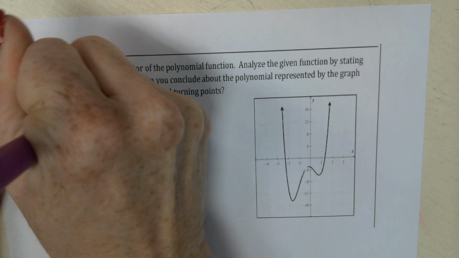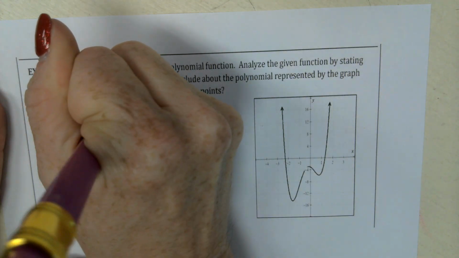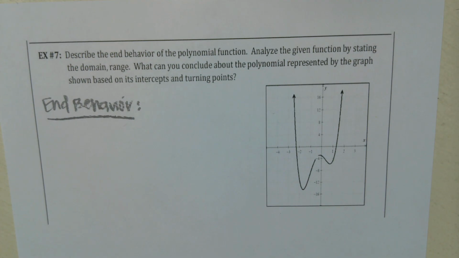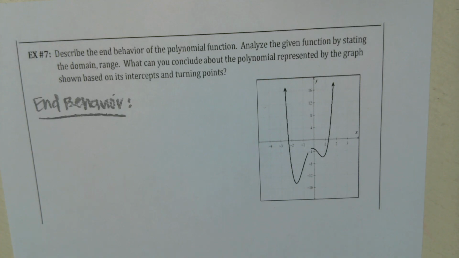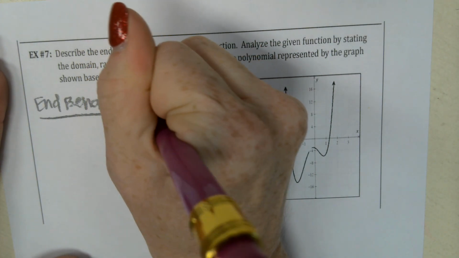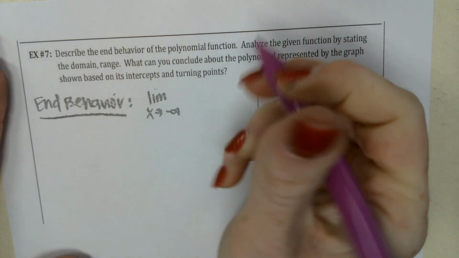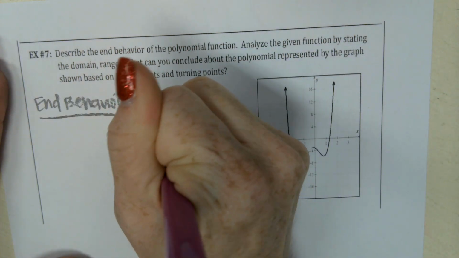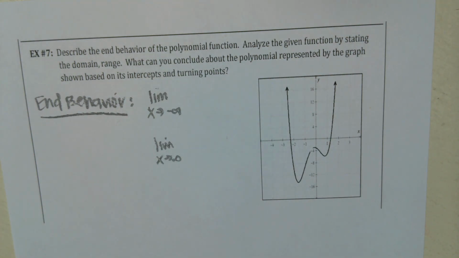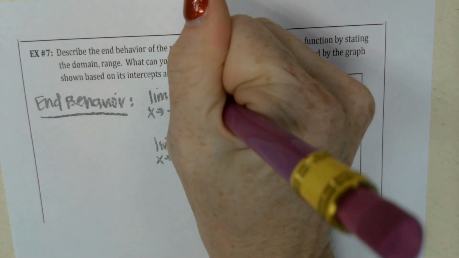Let's start out, and I am specifically going to write out what it's asked me to identify. The end behavior first, and I'm going to do the limit notation. I'm going to call this function f of x.